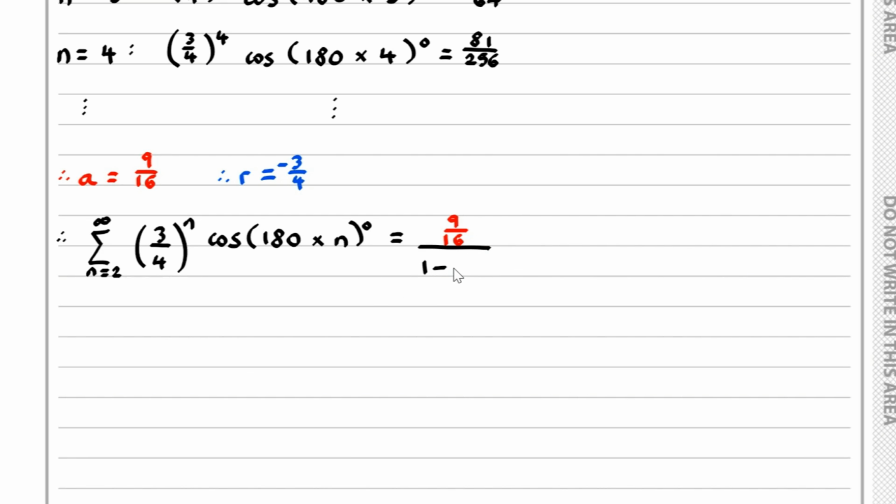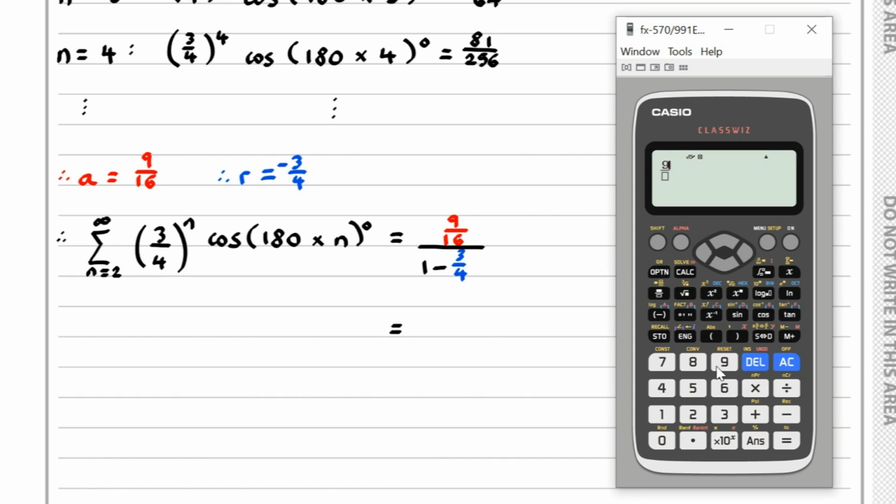So we've got 1 minus minus 3 over 4. So if we work out what this is, we have 9 over 16 over 1 minus minus 3 over 4. It turns out we get 9 over 28. And this is our answer.